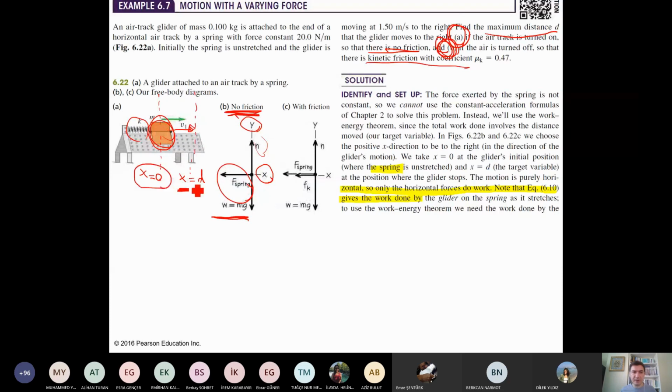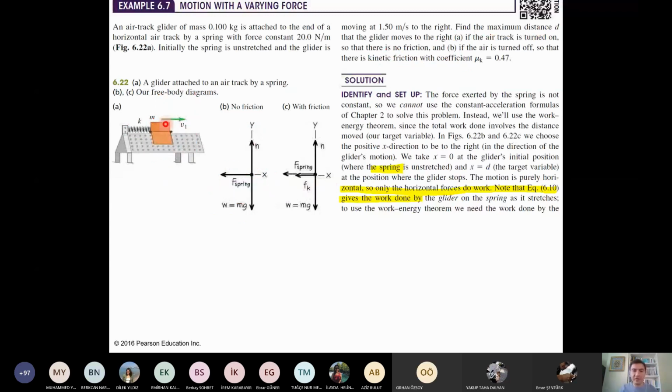For this reason, the spring applies a back force. This glider applies a force on the spring, and then the spring applies a back force. This is the weight of the glider, which is given with m times g because the mass is given. This air track applies a back force, which is the normal force, in the positive y direction.